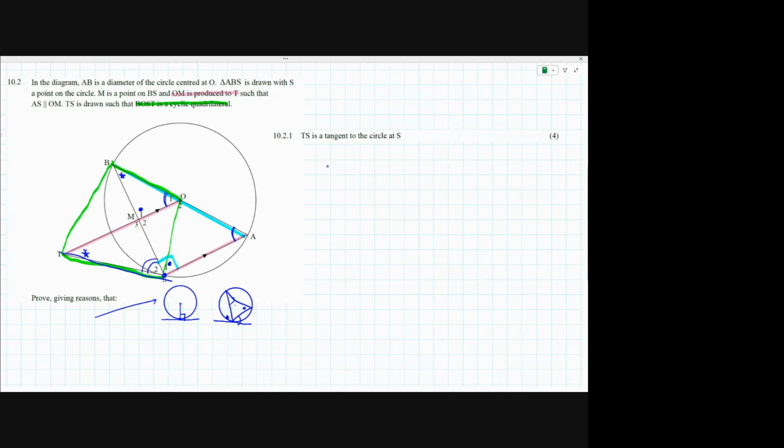So let's write down what we said. You could start anywhere, but I'm going to start with my corresponding angles. Angle O1, we said, was equal to angle A. Now remember, you could call it BAS if you wanted to, but it's the only angle we have here at point A, so it's okay to just say A. We say that's equal because of corresponding angles.